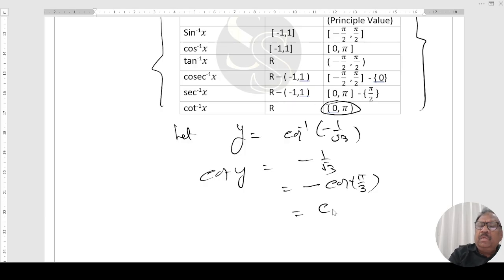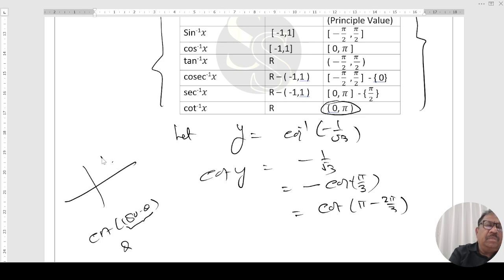So this can be written as cot of pi minus pi by 3. If we get cot of 180 minus theta, 180 minus theta is the second quadrant. By ASTC, only sin theta is positive there, so cot of 180 minus theta is minus cot theta.